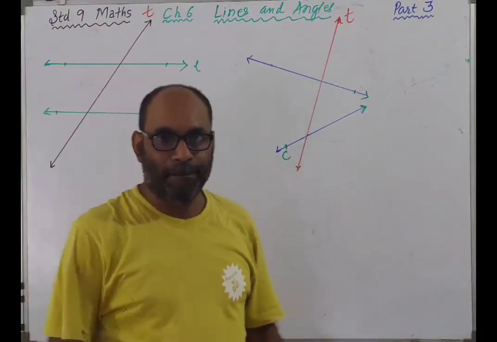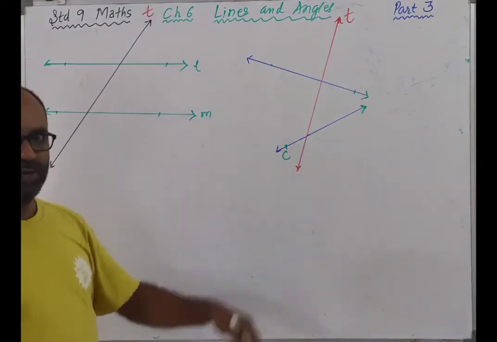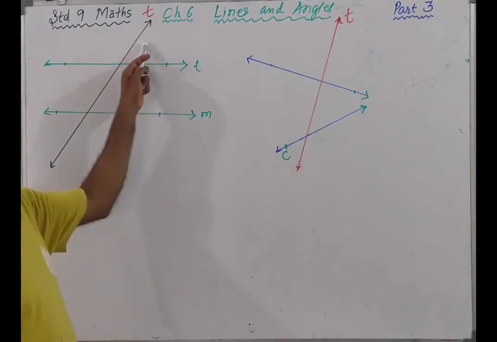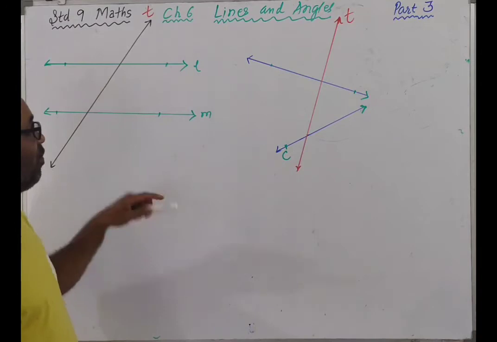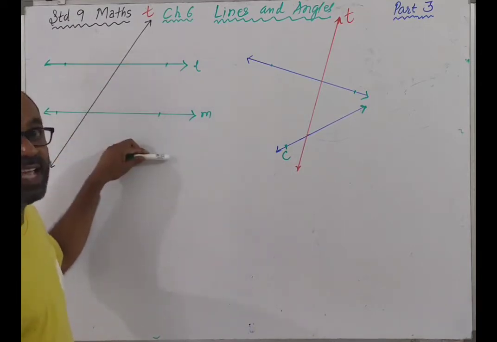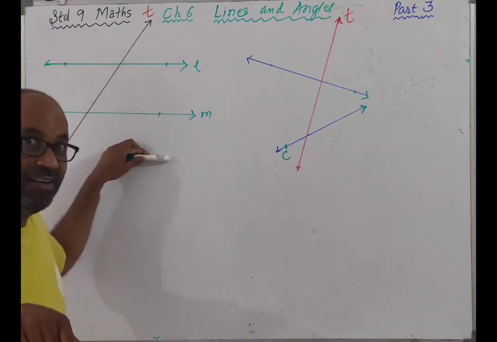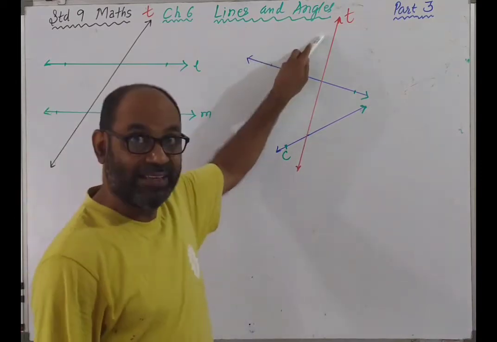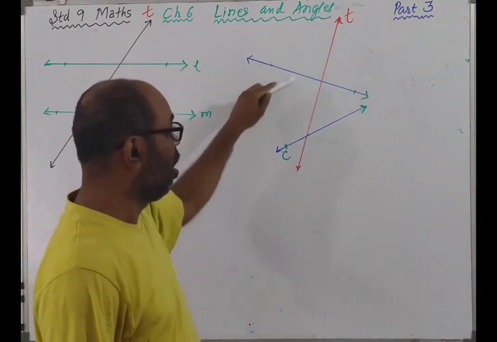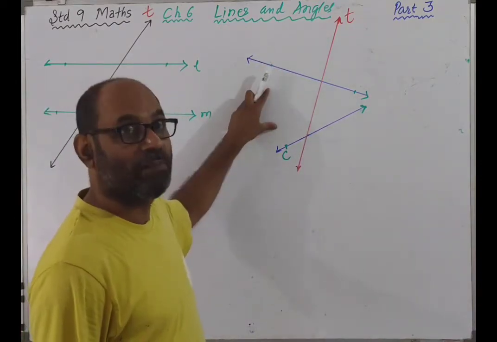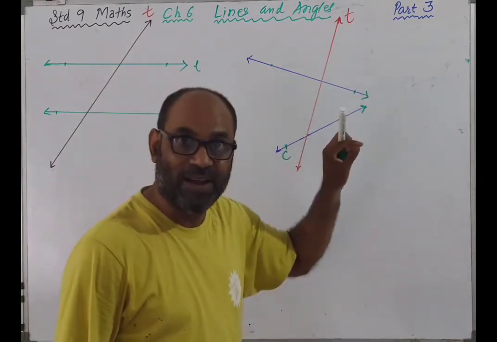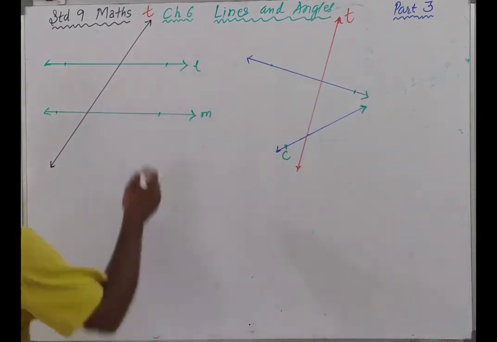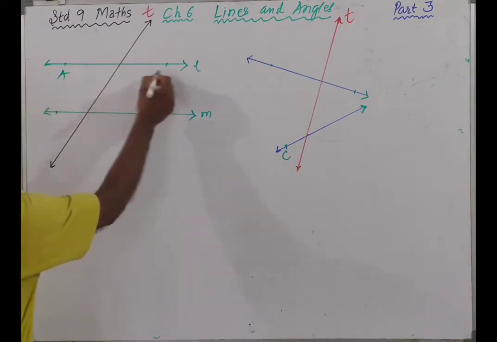So here we are. Observe these two diagrams. The black line T is a transversal of green lines L and M, which are parallel. Red line T is a transversal of blue lines which are not parallel. They will be intersecting somewhere. Let's name the line L as line AB.